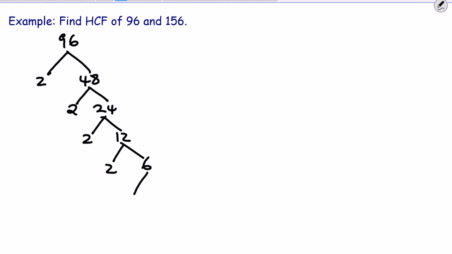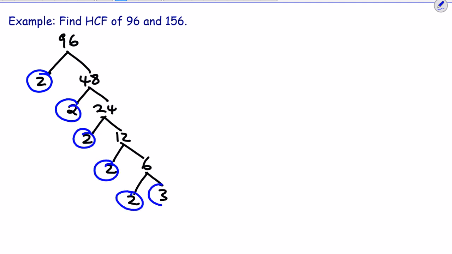And 2 multiplied by 3 is 6. All these guys here are prime numbers. And of course, they're also factors, so we call them prime factors of 96.